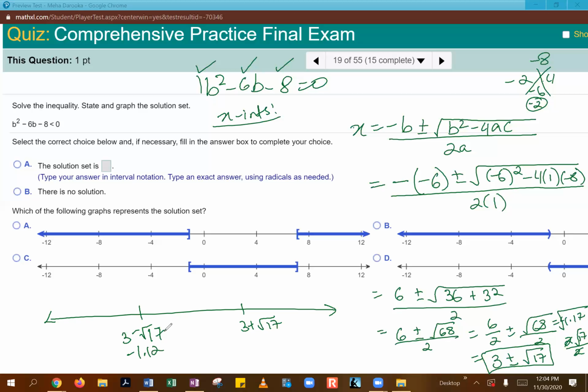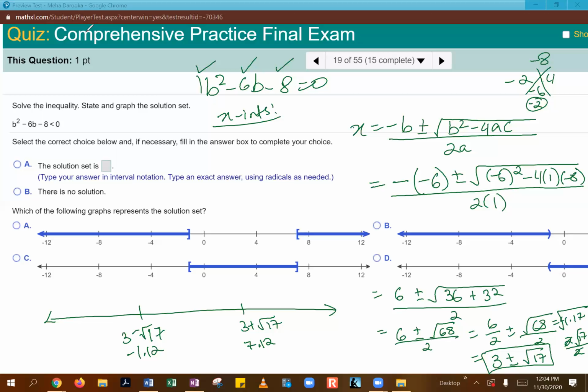And 3 plus square root of 17 is approximately 7.12. So you can see that's where they have these numbers marked in your graphs. Obviously they're confusing you by showing it so it looks like 2 and 6, but you can see what those approximate numbers would be.